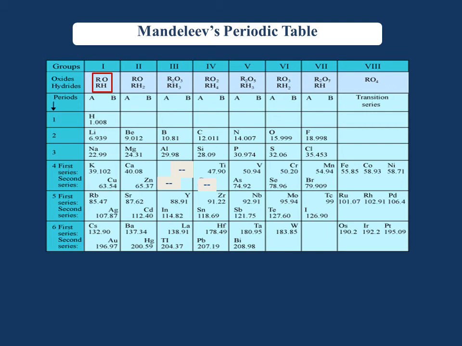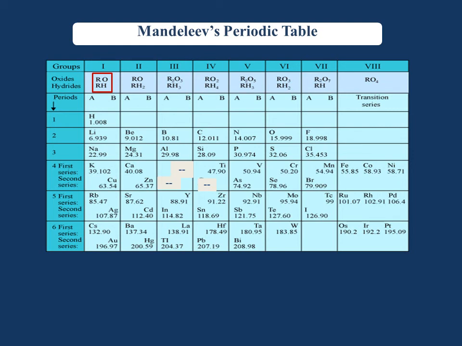For group 1, the formulae of oxides and hydrides are R2O and RH. There was a mistake earlier; this will be R2O and RH.